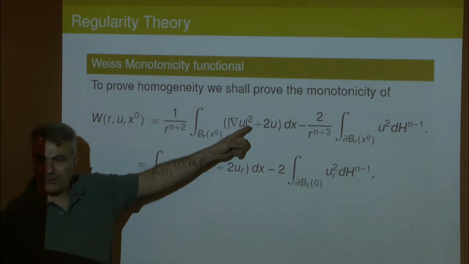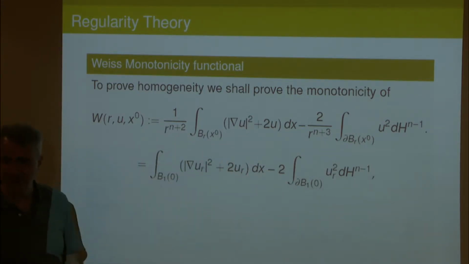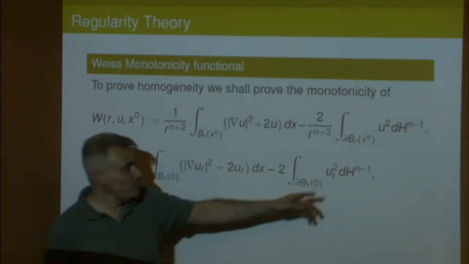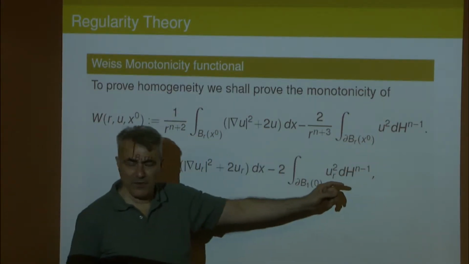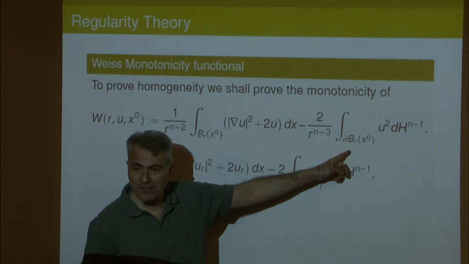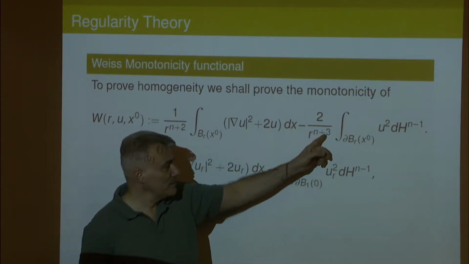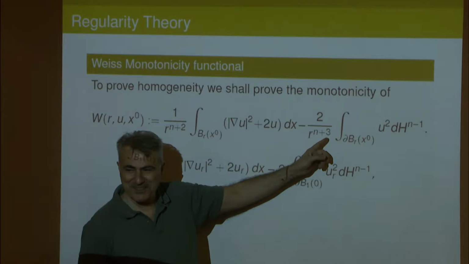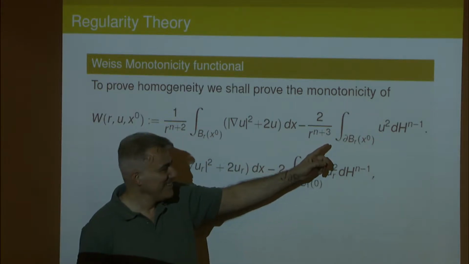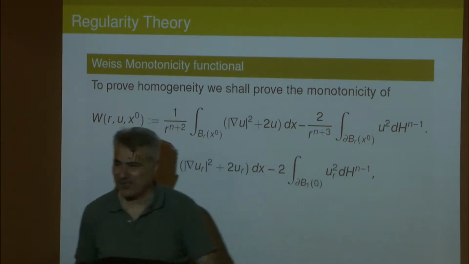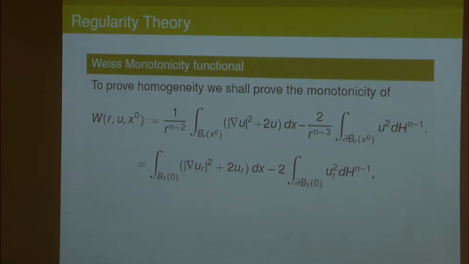Degree 1 to power 2 is again 2, that compensates this. If it's degree 2, this is degree 4. 4 plus n minus 1 is n plus 3. So you see that balancing is correct.